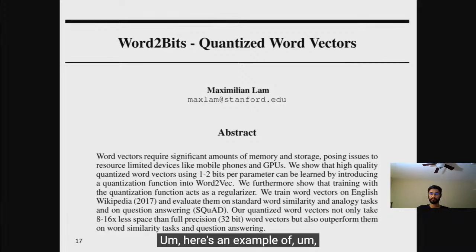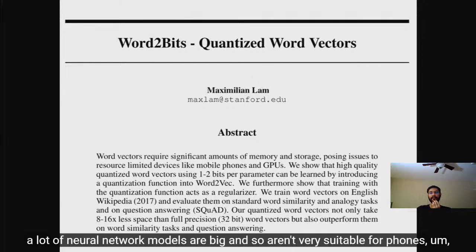Here's an example of somebody from last year who did an analysis project. Their idea was that they were going to evaluate on some tasks. They actually did several tasks, word similarity, analogy and a SQuAD question answering system. But the question was, okay, a lot of neural network models are big and so aren't very suitable for phones.